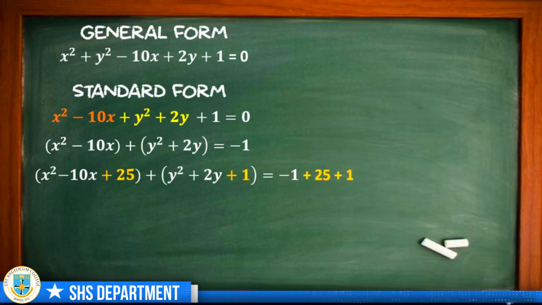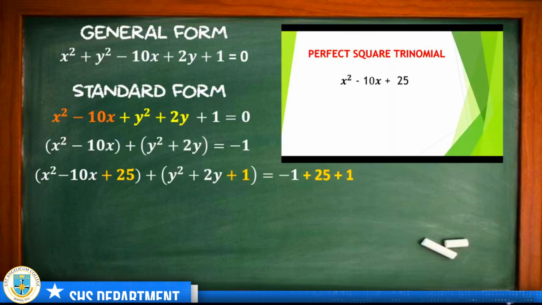Okay, next step is to factor x squared minus 10x plus 25 by getting the square of a binomial. First we need to get the square root of x squared, that will give us x. Square root of 25, so that will give us 5. Then we copy the sign of the middle term, so that is minus. So now we have the quantity of x minus 5 squared.